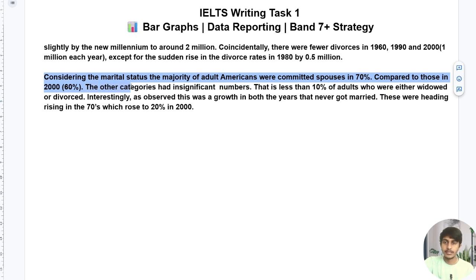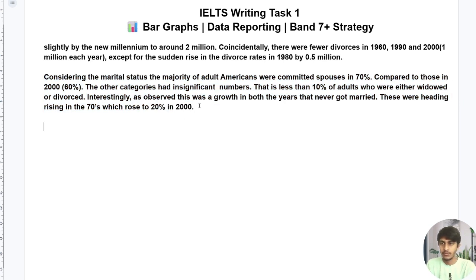The other categories had insignificant numbers, less than 10% of adults who were either widowed or divorced. Interestingly, there was growth in both years among those who never got married, rising from the 70s to 20% in 2000.